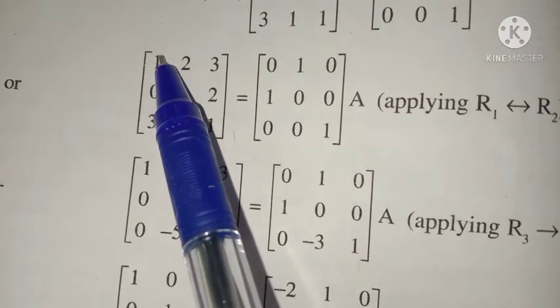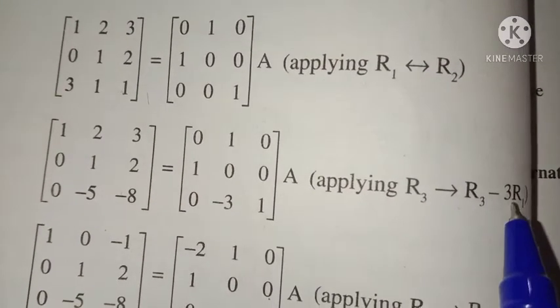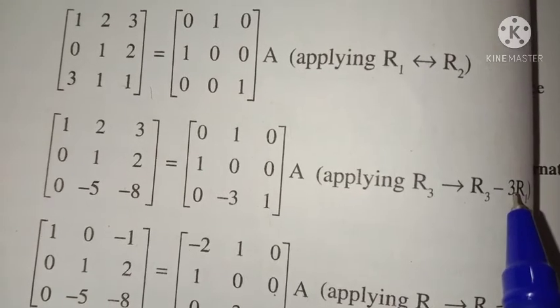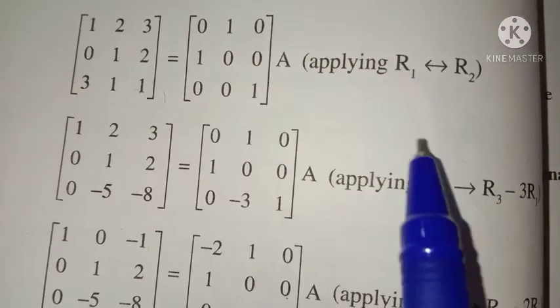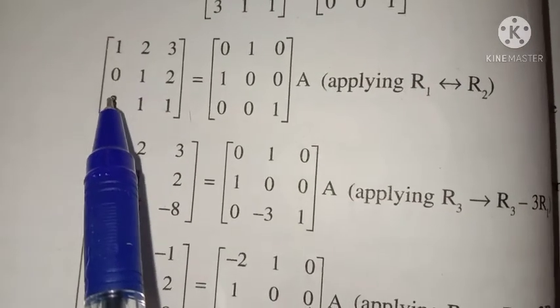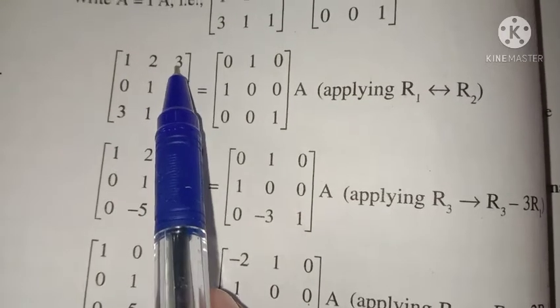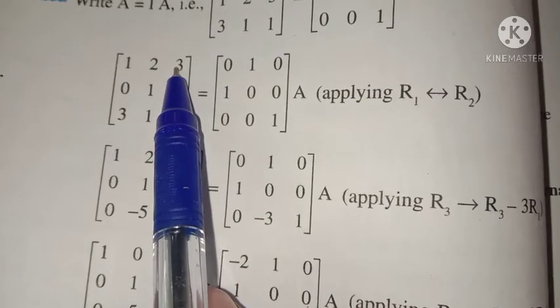Look at here, 3R1 and subtract it from the third row. The third row can be changed as third row minus scalar multiplication of the first row by 3.